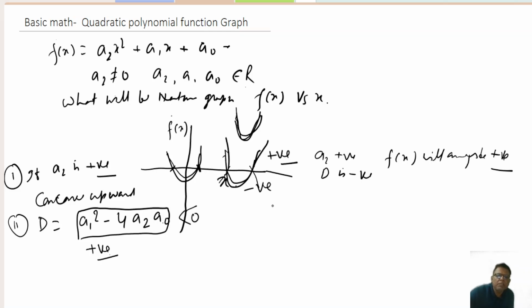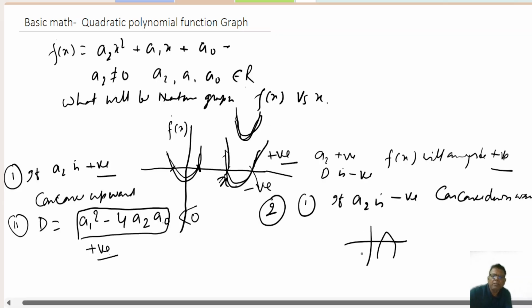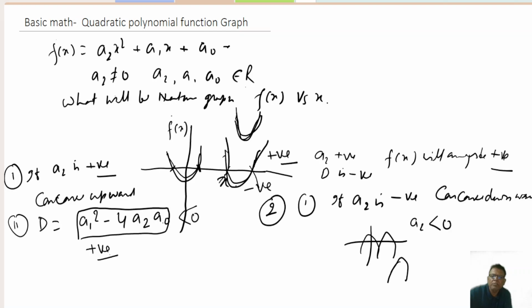Now come to the second point. If a2 is negative, then it will be concave downward. So again, it can be like this, or like this. So here a2 is negative, a2 is less than 0, and D is also less than 0.